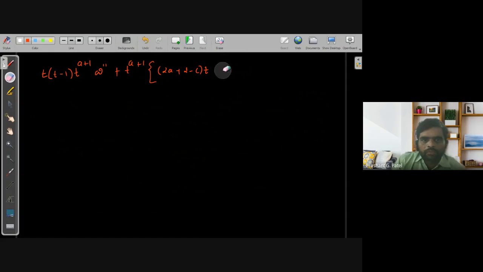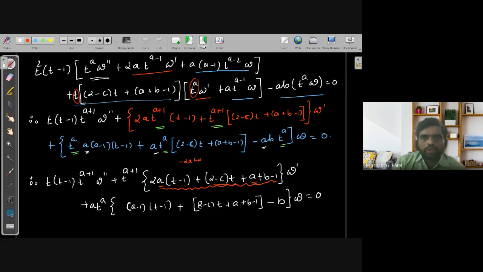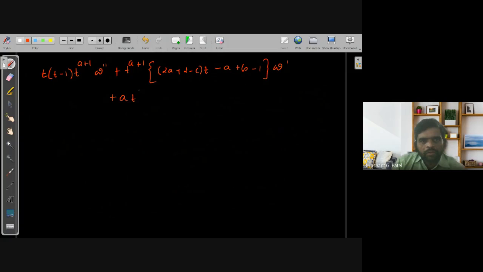So it is minus a plus b minus 1 into w dash, plus a into t power a.